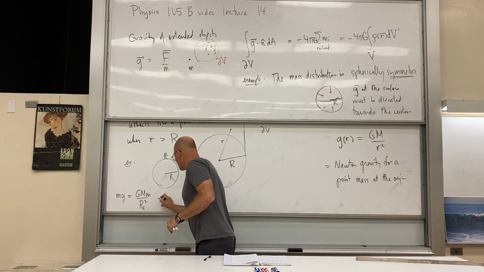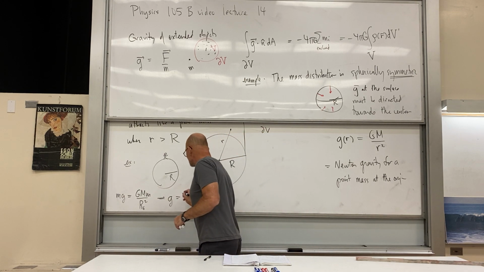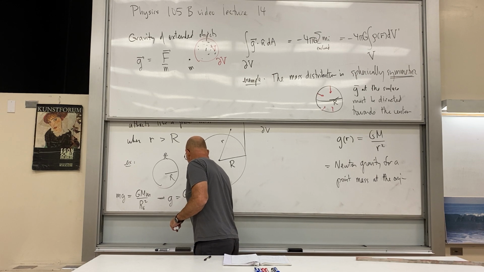So that our lowercase g, 9.8 meters per second squared, is actually equal to the gravitational constant times the mass of Earth divided by the radius of Earth squared.